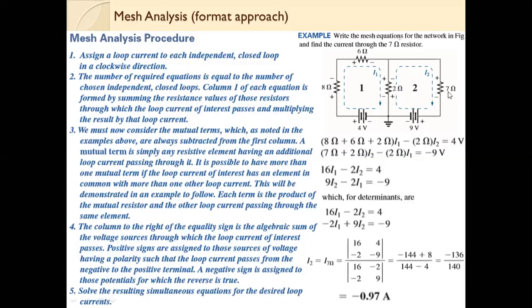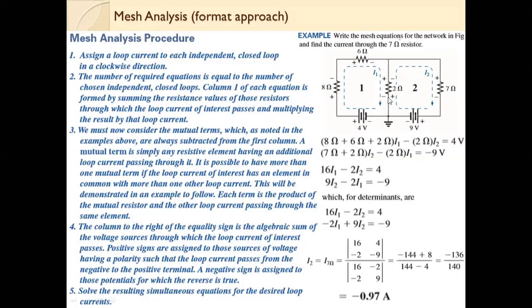Similarly, if you want to find out the current value in the 8 ohm resistance or the 6 ohm resistance, it would be I1. But if you want to find the value of current in the mutual resistance, that would be a little complex, because you can see both of the currents, I1 and I2, are flowing over there in opposite directions.